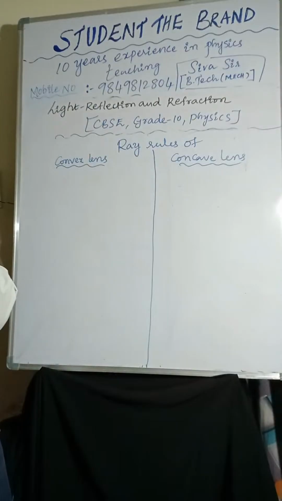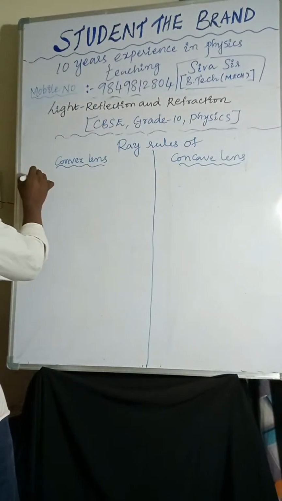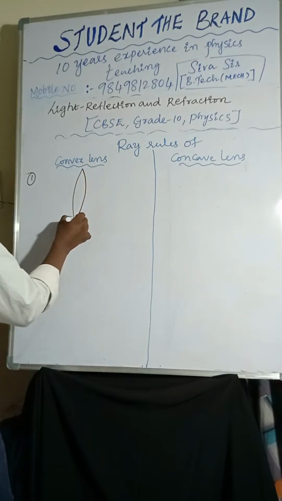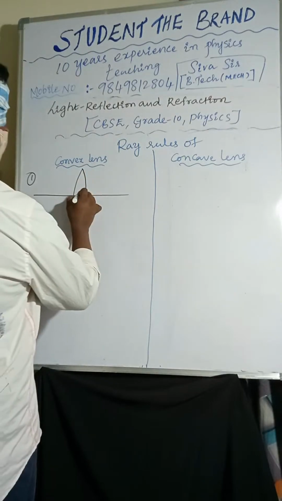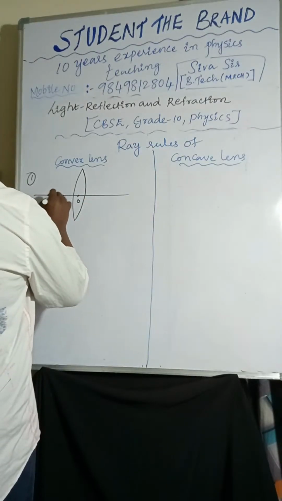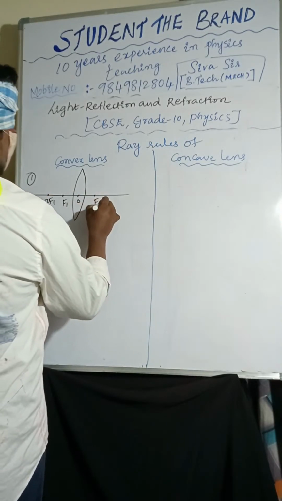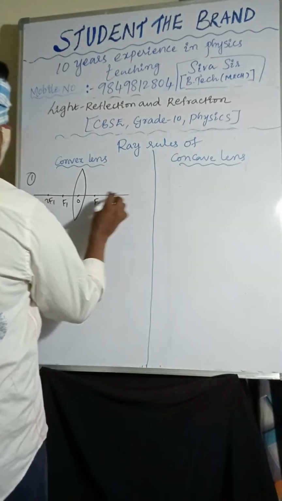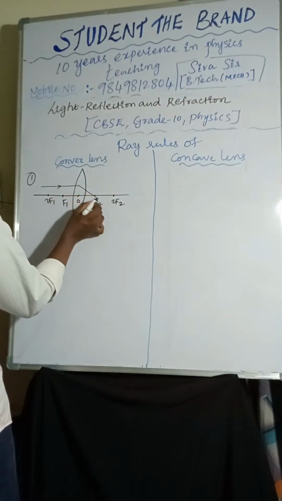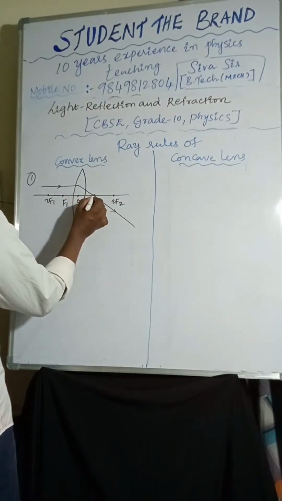So convex lens, if you are taking the first one, pole, optic center, F1, 2F1, F2, 2F2. Light rays coming parallel to the principal axis, after refraction, pass through the focus.